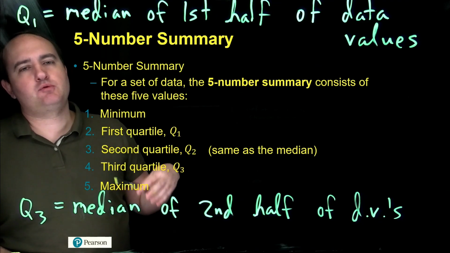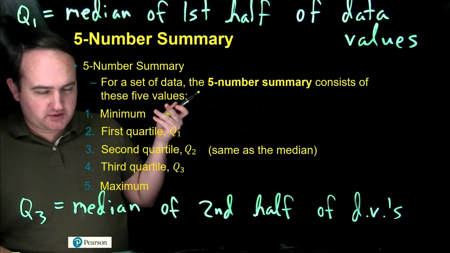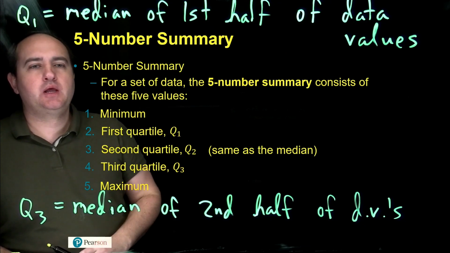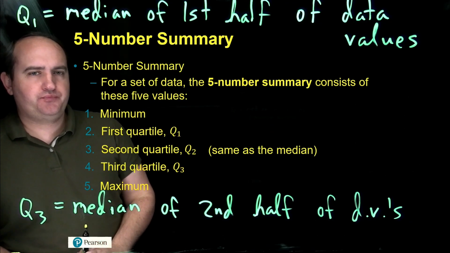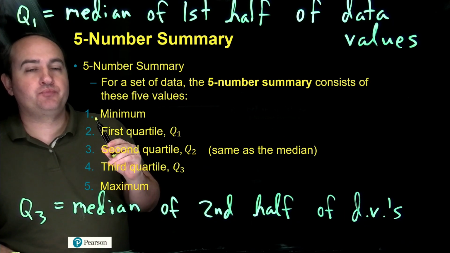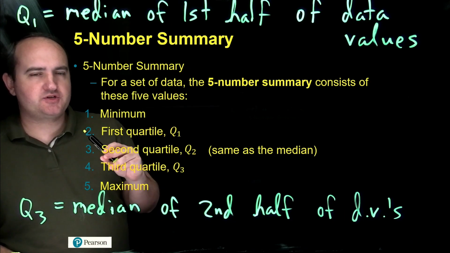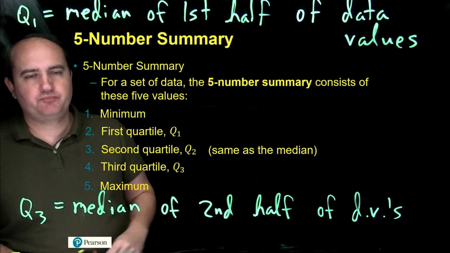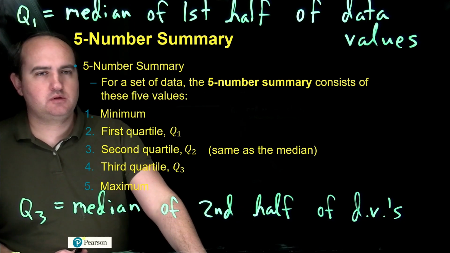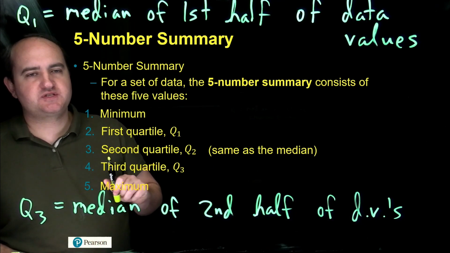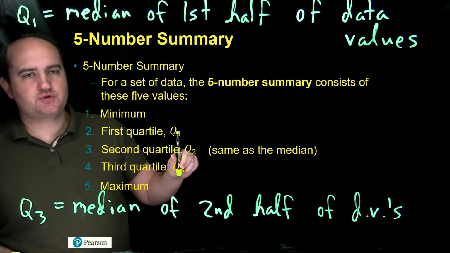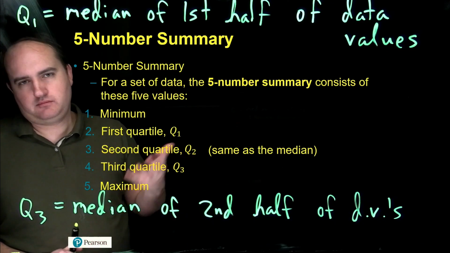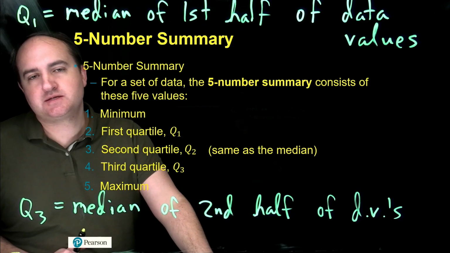I will show you the way I usually teach to determine these. Once the data are sorted, I start by determining the minimum and the maximum. And then I do the second quartile, the first quartile, and the third quartile. That's the order I usually teach them in.